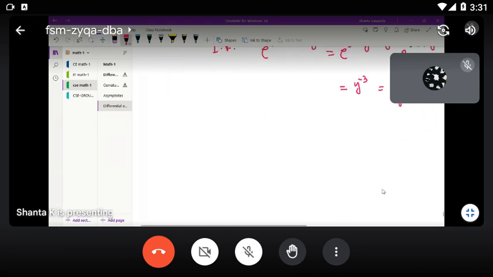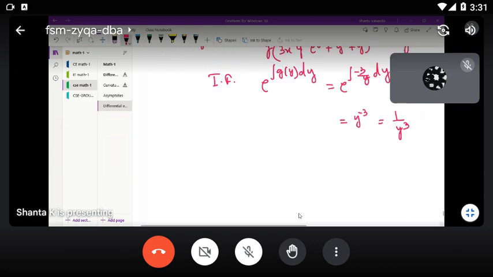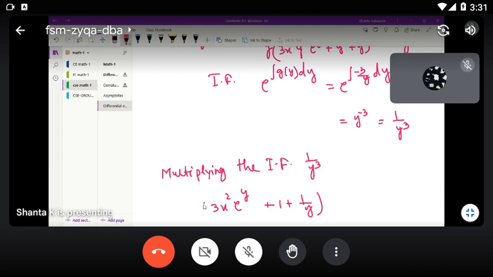Now if you multiply both sides of this equation by the integrating factor, as the normal process, then we will have (3x²(e^y) plus 1 plus 1 by y) dx plus (x³e^y minus x by y²) dy.